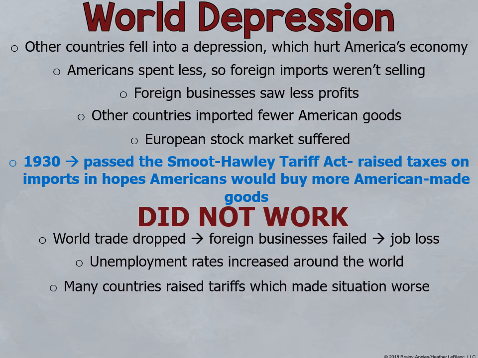All right, unemployment increased around the world, and many countries raised their tariffs, which is just compounding the problem and making it worse for everyone. Overall, world trade decreased by 40% by 1933. So we are talking about 3 years after the stock market crash, we have a decrease of 40% in global trade.